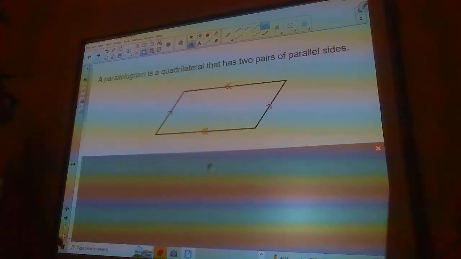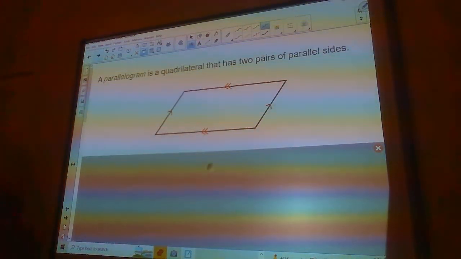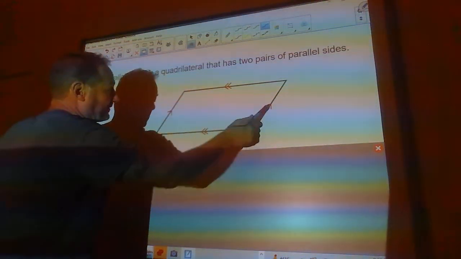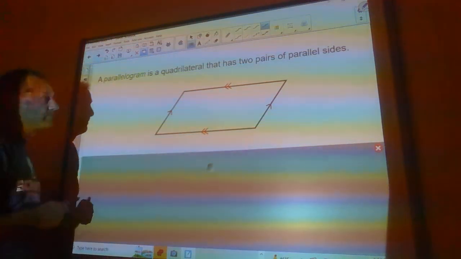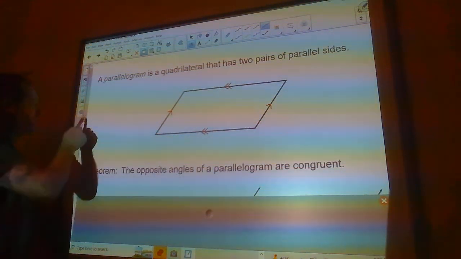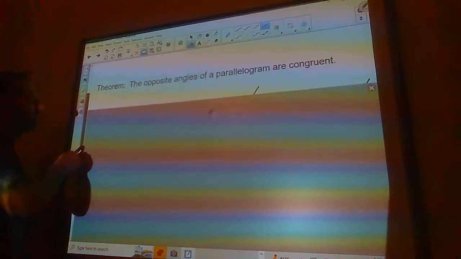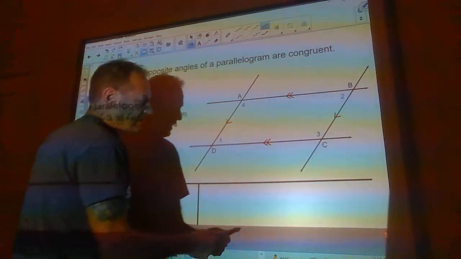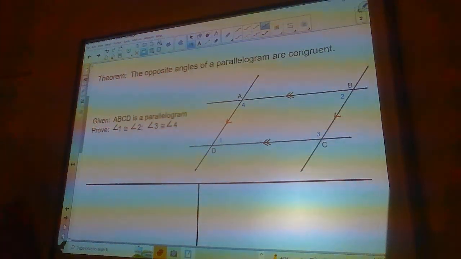Moving right along. A parallelogram is a quadrilateral that has 2 pairs of parallel sides. We've already talked about this a little bit. This side's parallel to this side, this side's parallel to this side. Our first theorem with regard to parallelograms is that the opposite angles of a parallelogram have to be congruent.